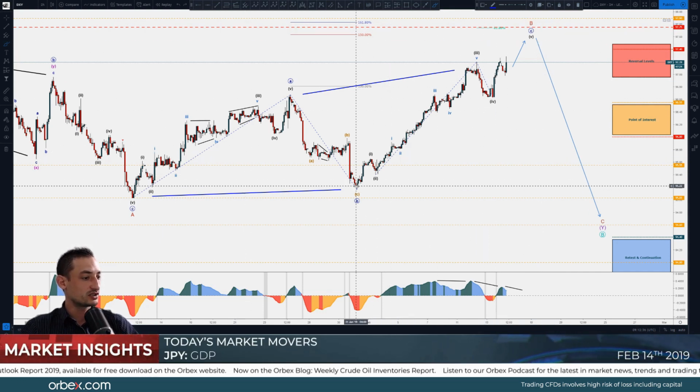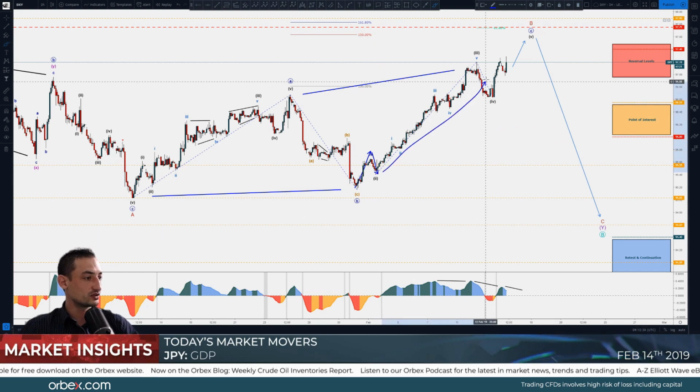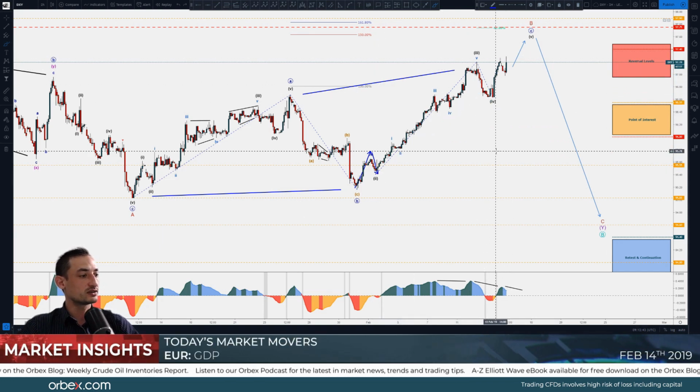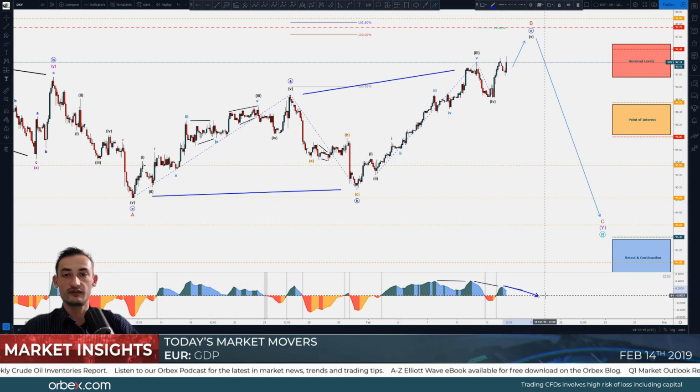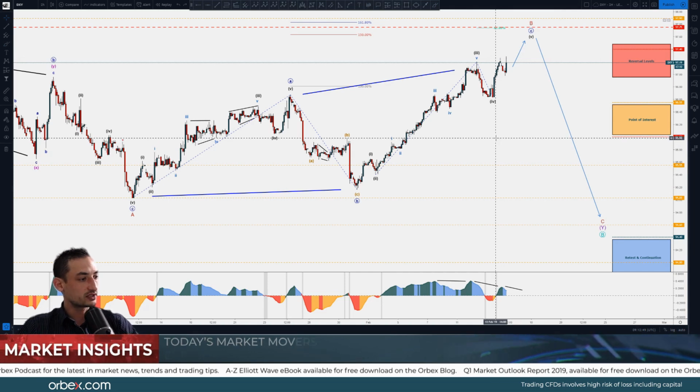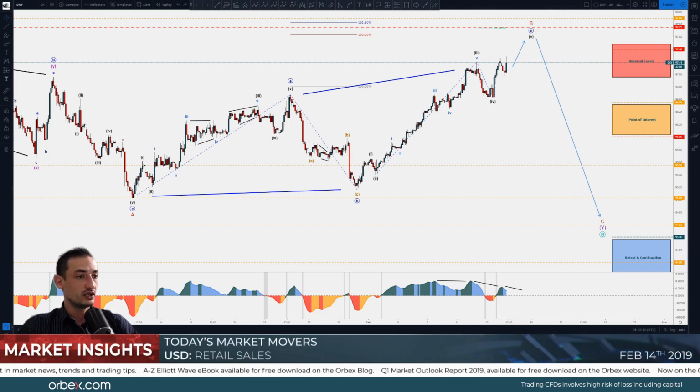Okay, and as you guys can actually see, the C leg, I'm labeling it as 1, 2, 3, 4, and then this could be an ending diagonal. So watch out, guys, for a possibility of a bearish divergence, right? So yeah, that's basically the wave count for the dollar index.